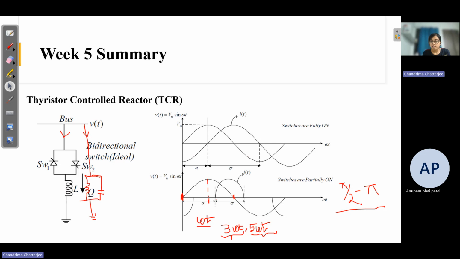Now, suppose this is alpha and this is the current, the conduction duration is sigma and this duration is sigma by 2.